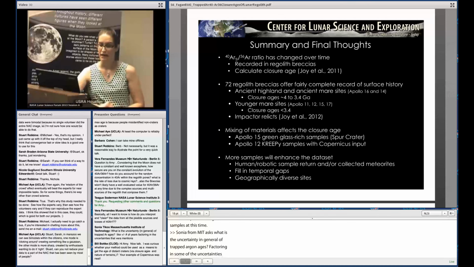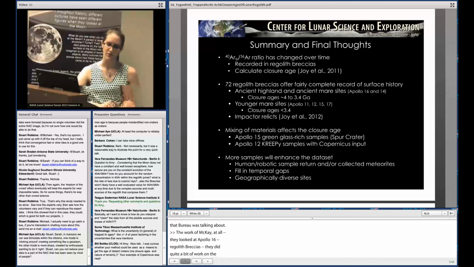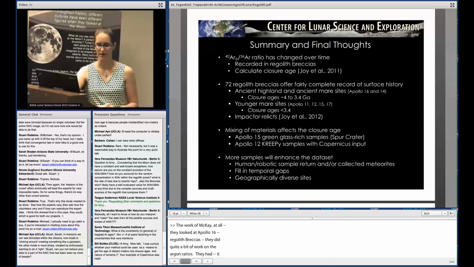The work of McKay et al. in 1986 looked at Apollo 16 regolith breccias and did quite a bit of work on the argon ratios, and they had almost a 30% error in the trapped argon. Now there are other studies that have used different methods to calculate what the trapped ratio should be that I believe have much lower errors, but it depends on which samples and which papers you're using.